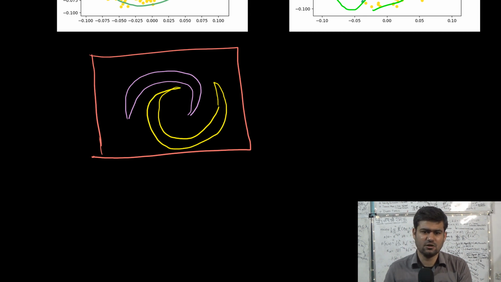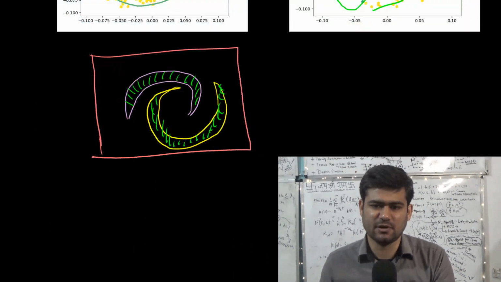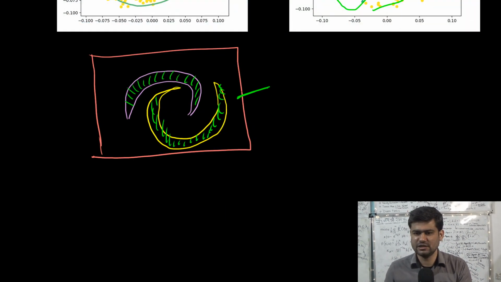We do not know what boundary the k-means clustering algorithm will give, but definitely it will not separate these two clusters, which should have been the ideal partitioning. So the ideal partitioning should be, this should be one cluster, this should be another cluster.